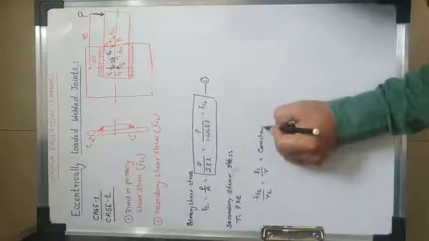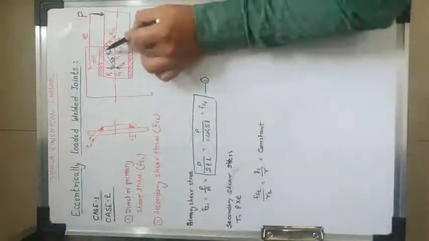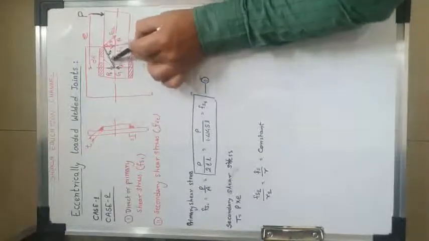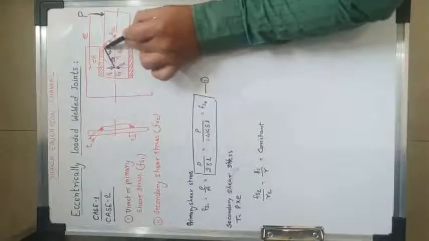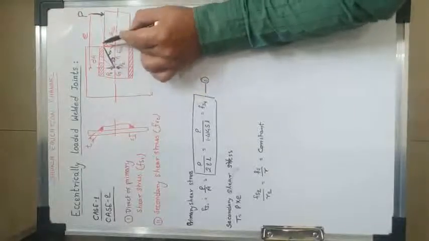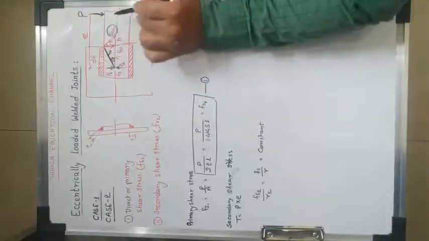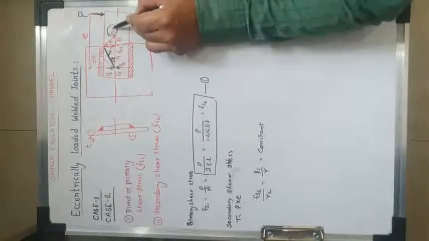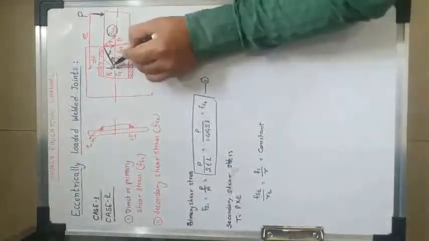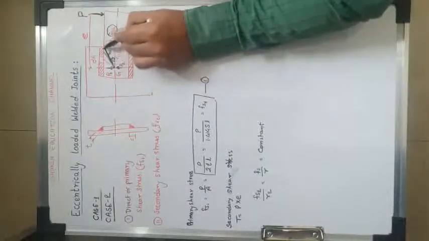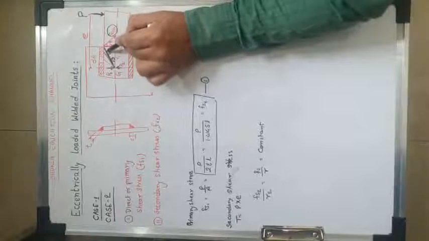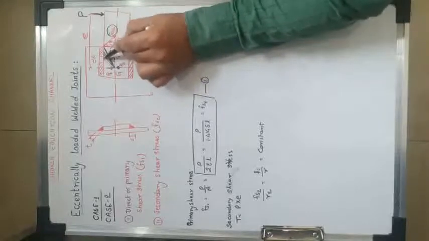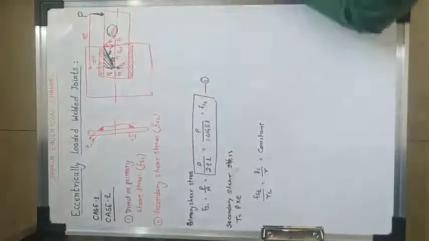Why? Because this R2 is the radius, and this Fs2, if we differentiate at any radius, if your radius changes, R2 is maximum and it slowly reduces.